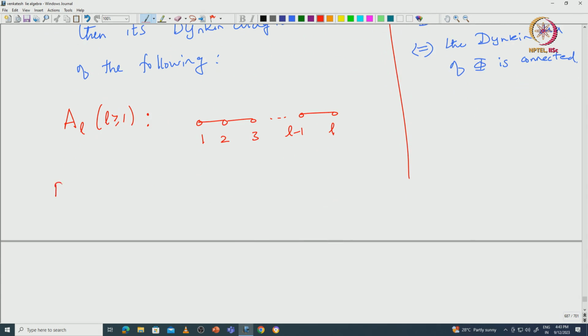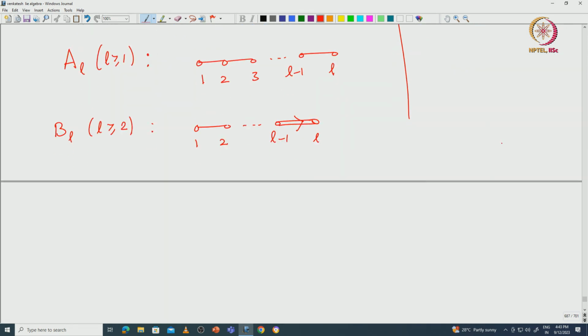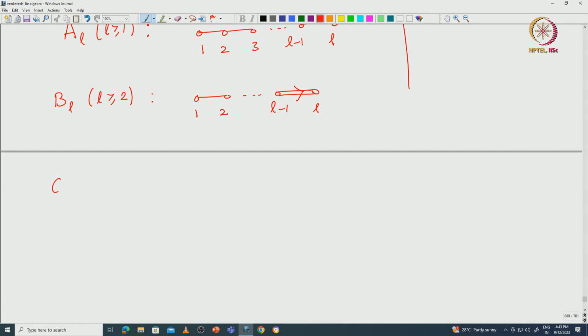Then we have what is called BL, where L is greater than or equal to 2. This starts from 1, 2, etc., where the last part is L minus 1, L, and the arrow is pointed from L minus 1 to L. And there is something called CL. Again, I will put one arrow here, this is L minus 2.